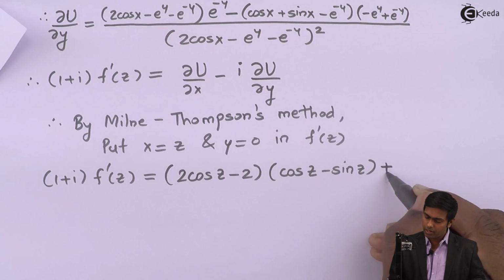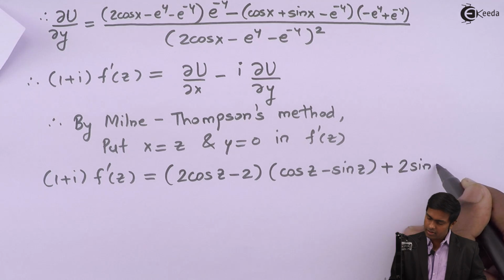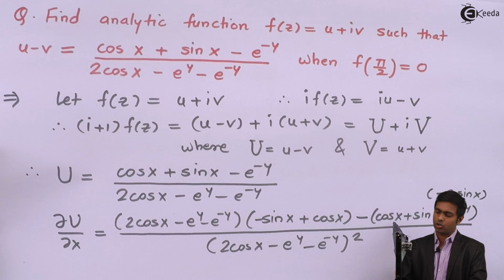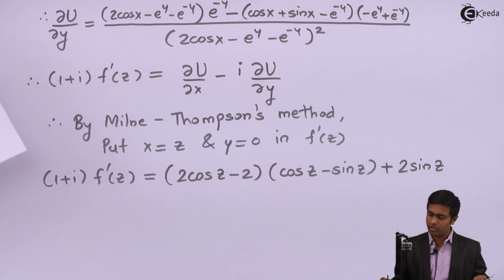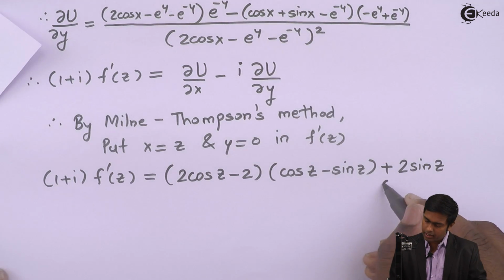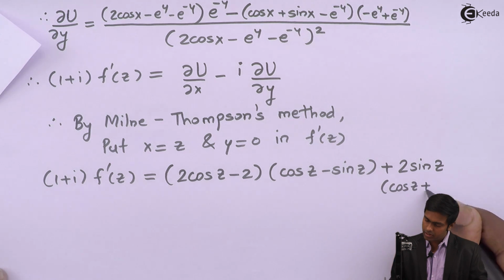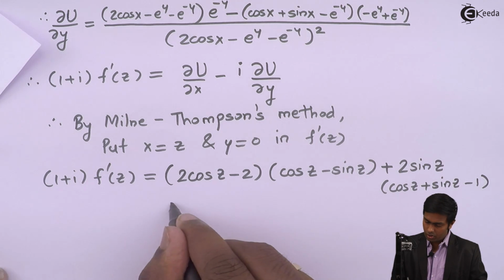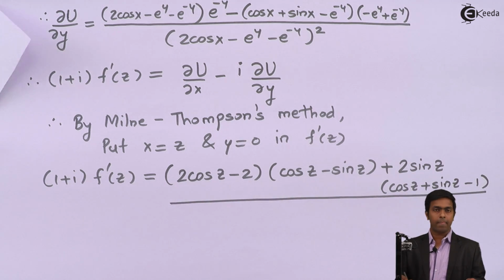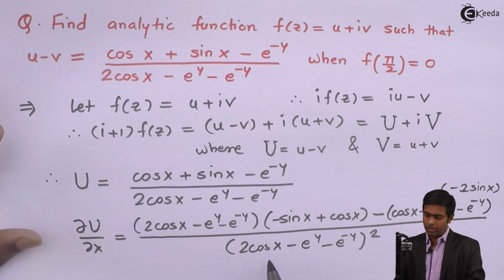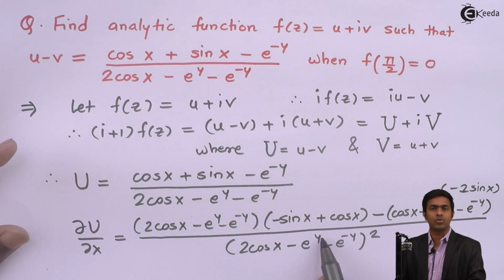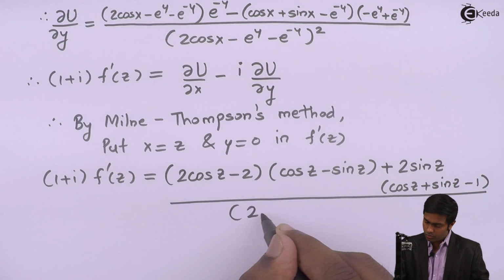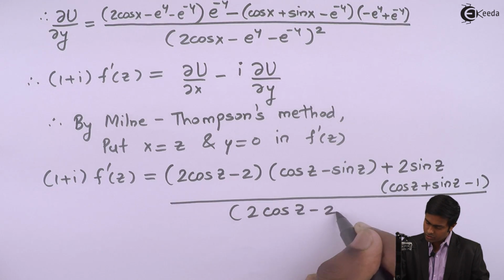So here I will write down plus 2 sin z, that is this term, into the bracket, that is cos z plus sin z minus 1, upon, here 2 cos z, e raised to 0 is 1, so 2 cos z minus 2 the whole square.